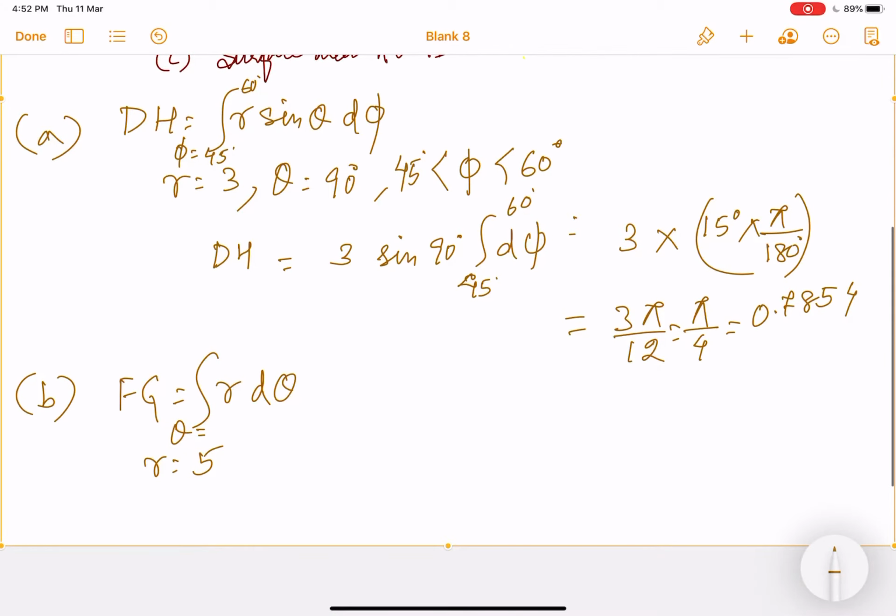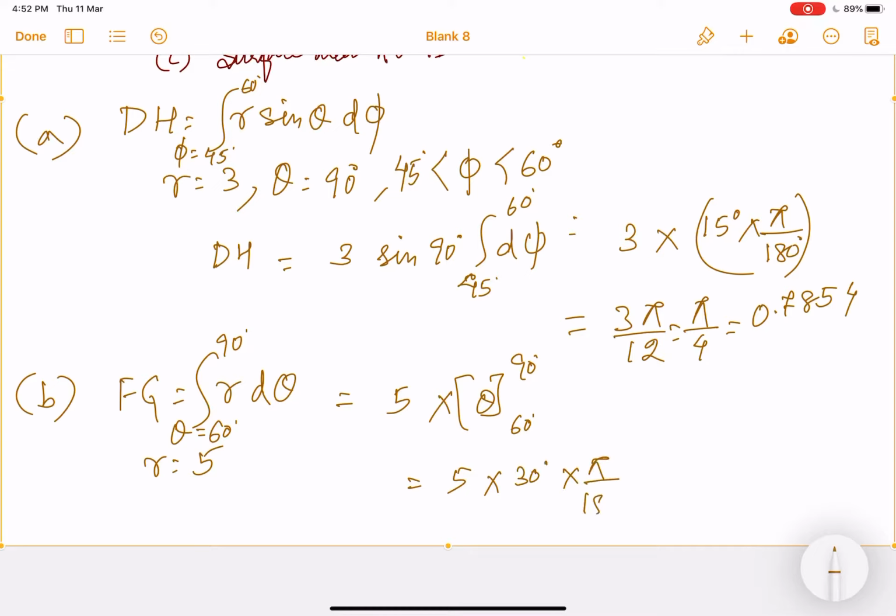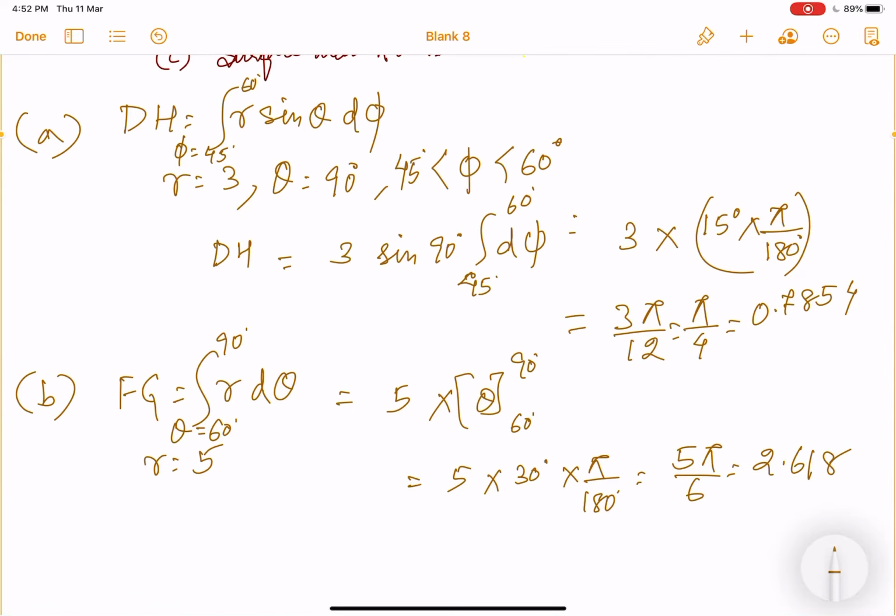So just substitute it: 5 into over here theta is from 60 to 90 degrees. All right, so it's 5 into 30 degrees and converted into radians. So you got 5 pi by 6. If you use your calculators, you'll see you're getting 2.618. This is the second bit done.